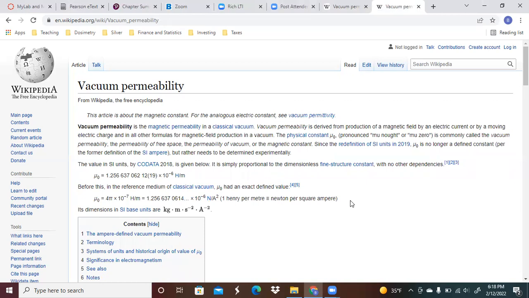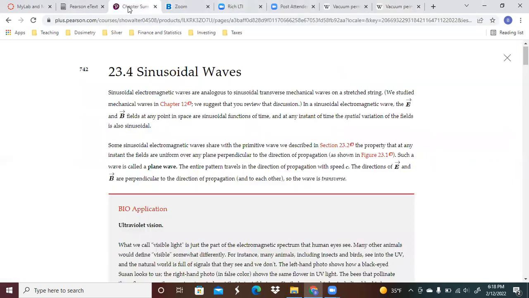So it's a way to gauge how difficult it is to produce a magnetic field in those conditions. So that's a good way to try to remember those two. And I know sometimes you may not necessarily think of those particular concepts, but they're very important when you're discussing electric and magnetic fields.